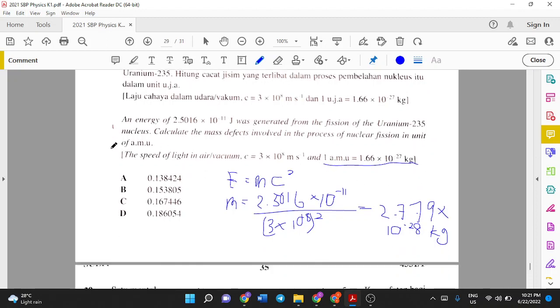So you want to find the AMU, you just take this value divided by 1.66 times 10 power negative 27, and you will get 0.1674. So your answer should be C.